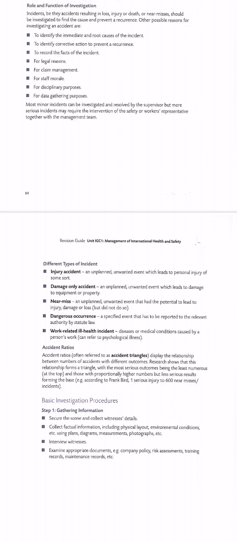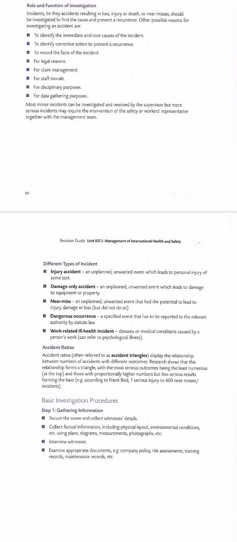What are the different types of incidents? You have injury accidents, you have damage only accidents, near misses, dangerous occurrences, and work related ill health incidents. So I'm going to explain them bit by bit.